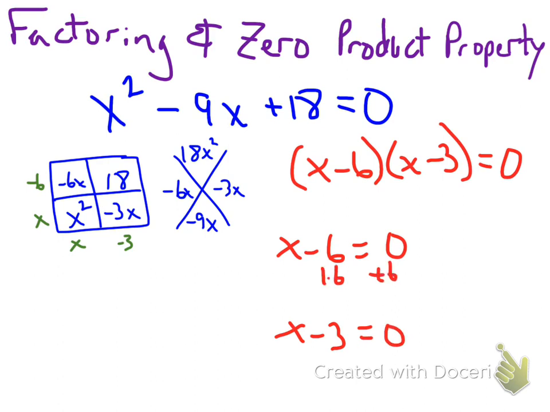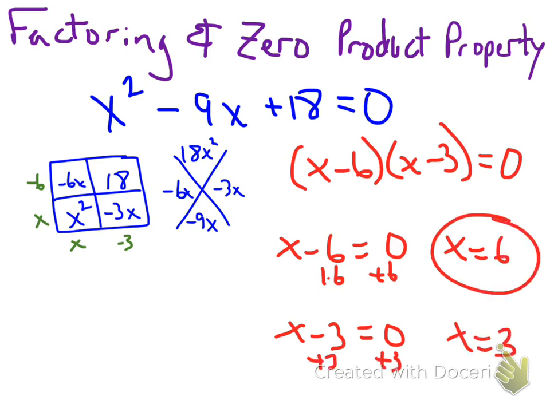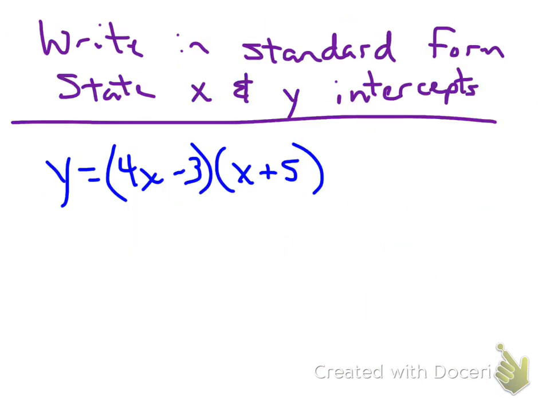Adding the 6, I get x equals 6 as one solution. And adding the 3, I get x equals 3 as my second solution. Those are my two x-intercepts. The next topic: write this in standard form and state the x and y intercepts. So go ahead and pause that and see if you can answer that question.